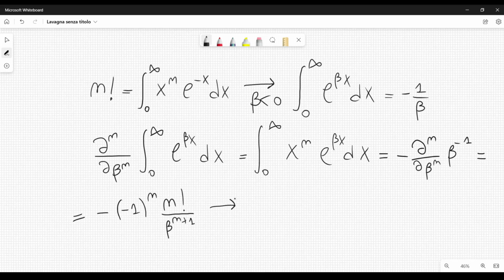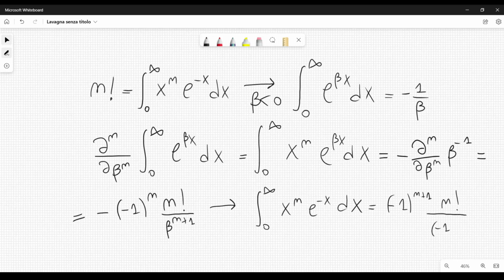And from here now finally we can set beta equal to minus 1, so we get integral from 0 to infinity of x to the n e to the minus x dx, which is equal to minus 1 to the power n plus 1 n factorial divided by minus 1 to the power n plus 1. But this is of course equal to n factorial. So we have proved this result here.